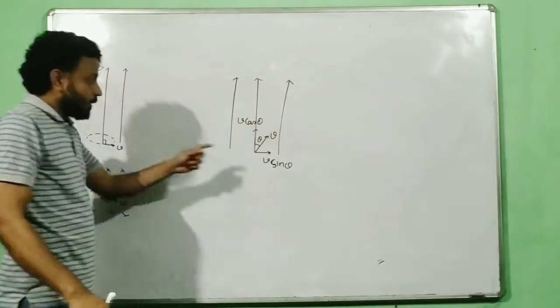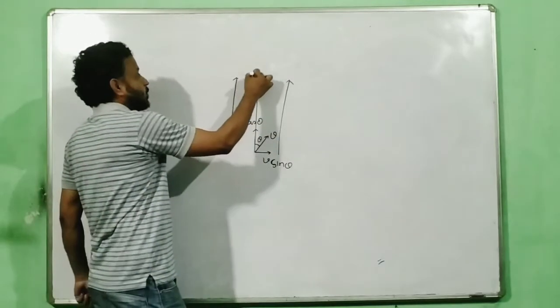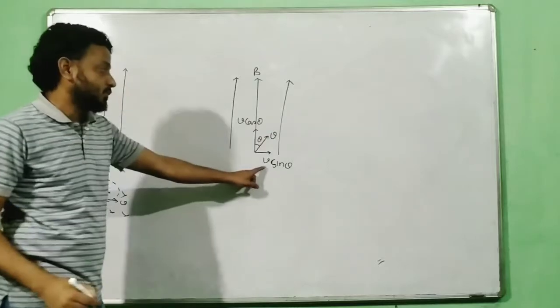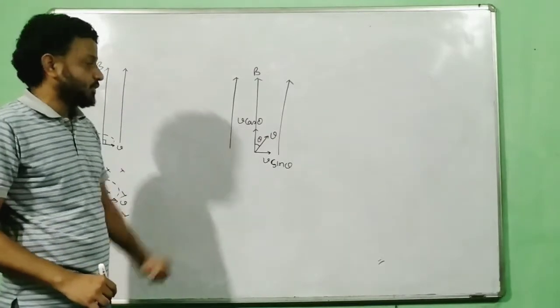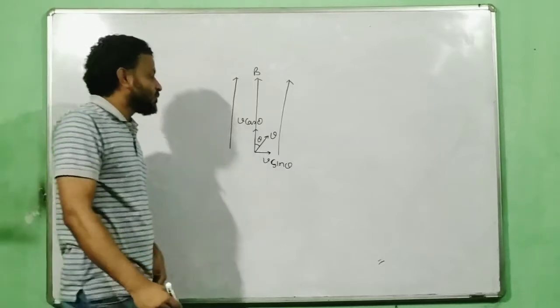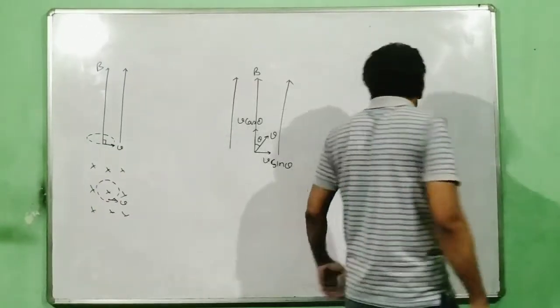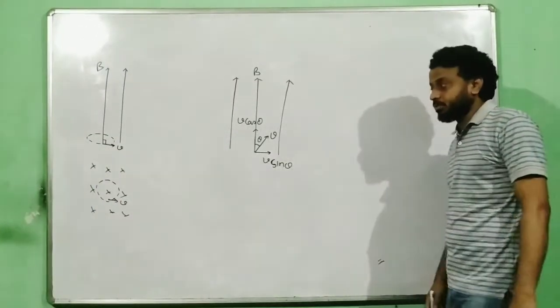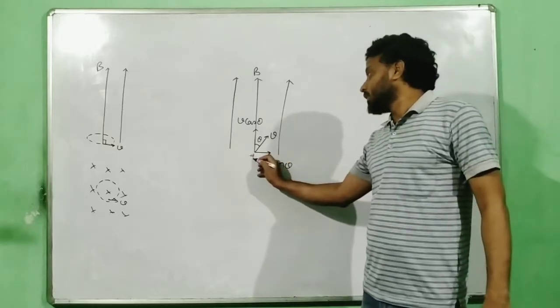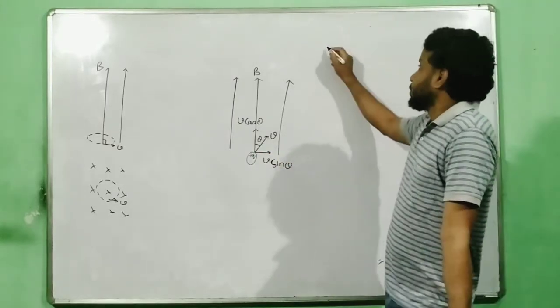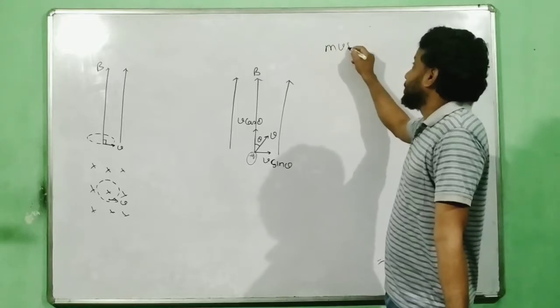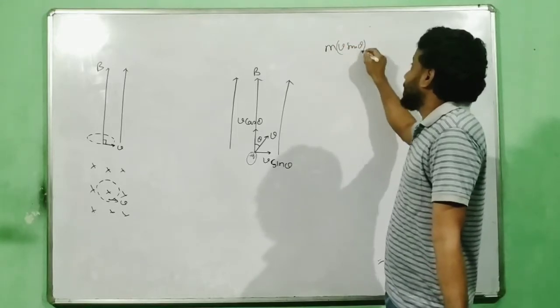Which component is perpendicular to the magnetic field? Answer is V sin theta. Which component is parallel to the magnetic field? Answer is V cos theta. V cos theta will not experience any force. It is the V sin theta which is going to experience the force on the charge. So the centripetal force will be provided by the V sin theta part.